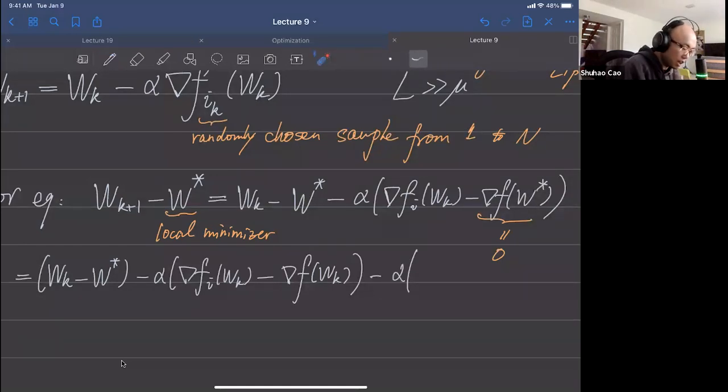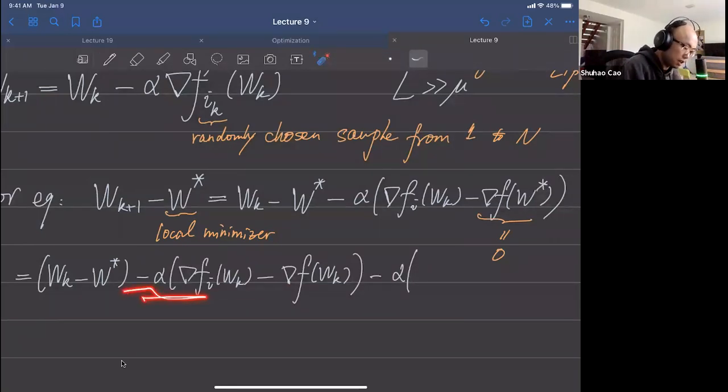As we can see here, we minus this term, which means we have to plus it somewhere.